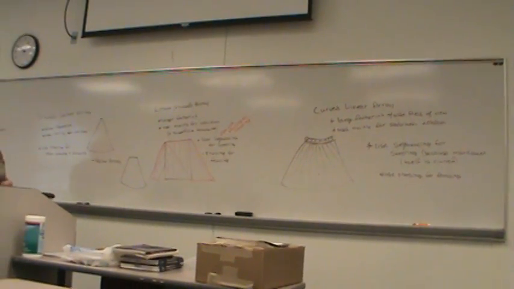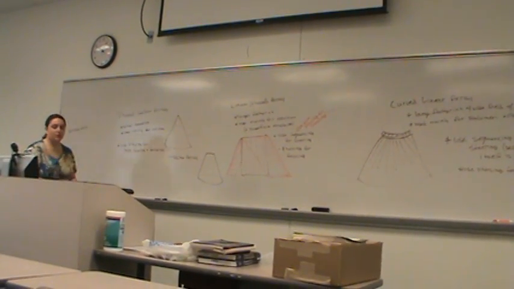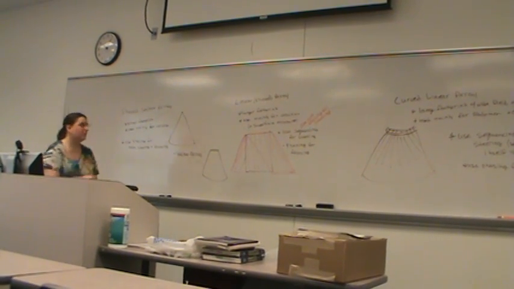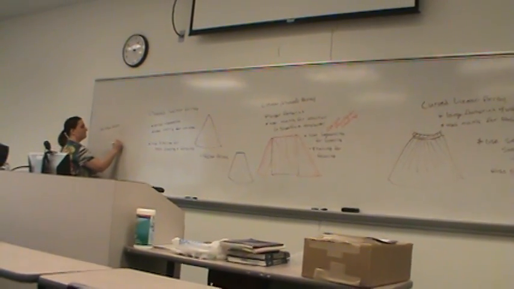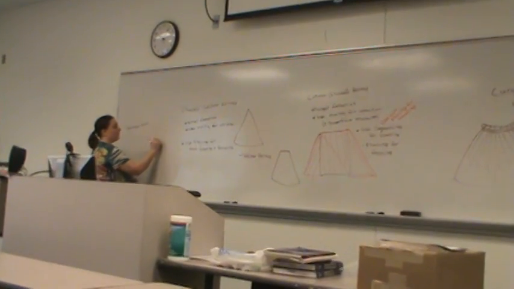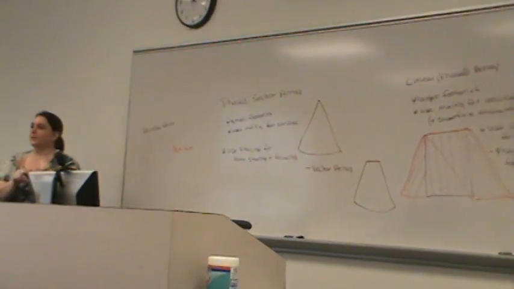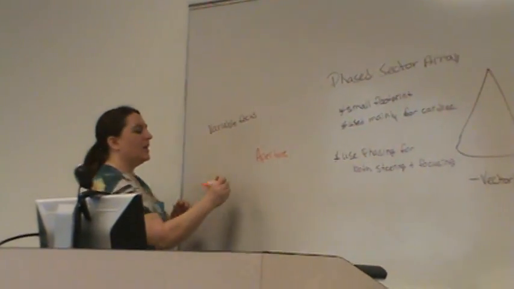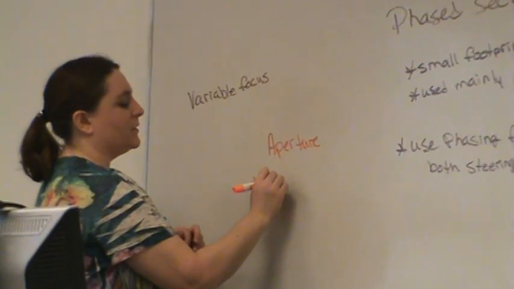Okay. When they're talking about transducers, often they use the term aperture. If you're familiar with photography, then aperture probably sounds familiar. But aperture, in essence, is how many crystals are being used.